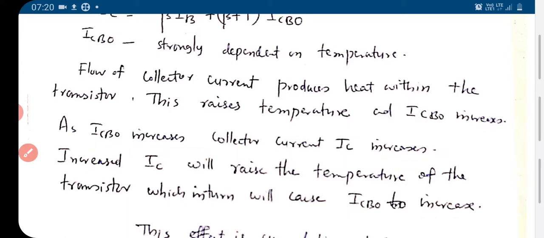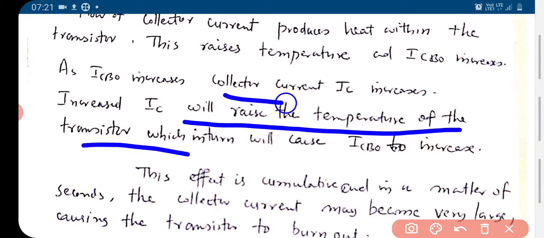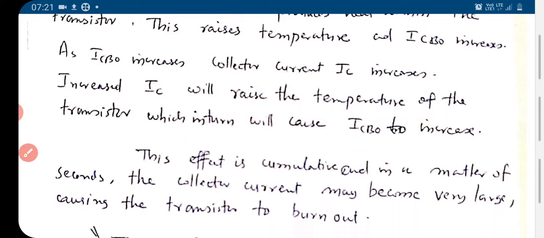Now, increased IC will raise the temperature of the transistor, which will in turn cause ICBO to increase. As ICBO increases, collector current increases.